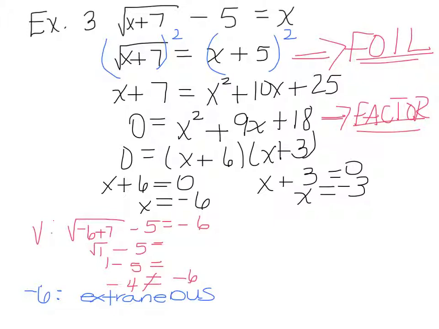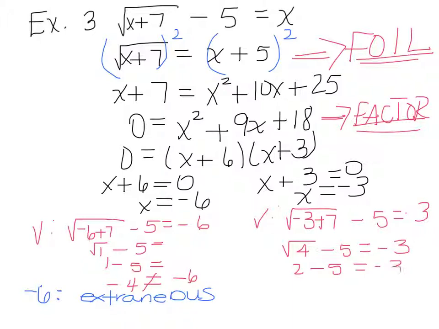Then I'm going to go over here and check -3. So I'm going to get the square root of 4. So 2 minus 5. -3 does equal -3. So -3 is our solution.